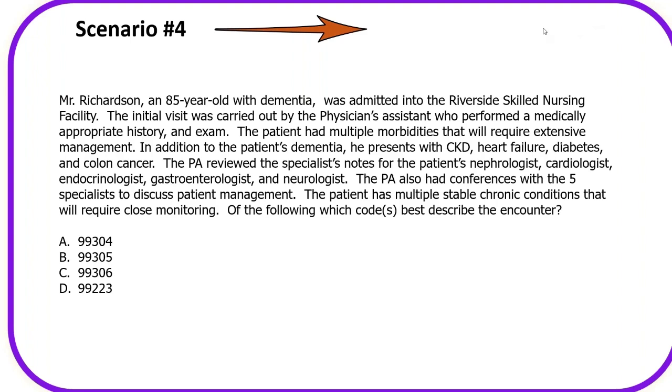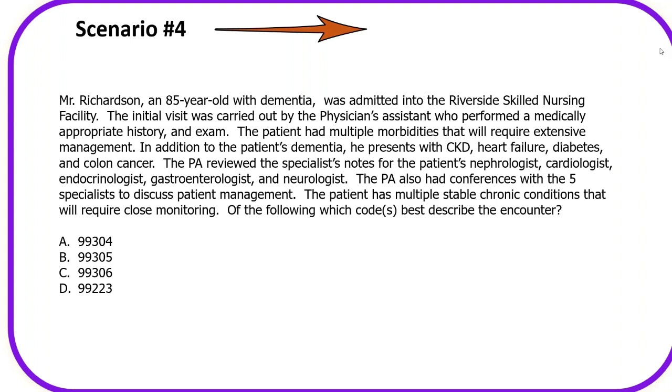The initial visit was carried out by the physician's assistant who performed a medically appropriate history and exam. The patient had multiple morbidities that will require extensive management. In addition to the patient's dementia, he presents with CKD, heart failure, diabetes, and colon cancer.